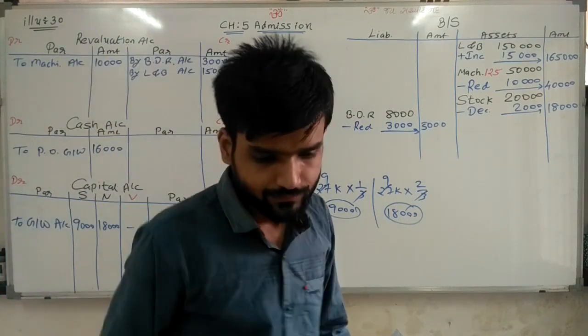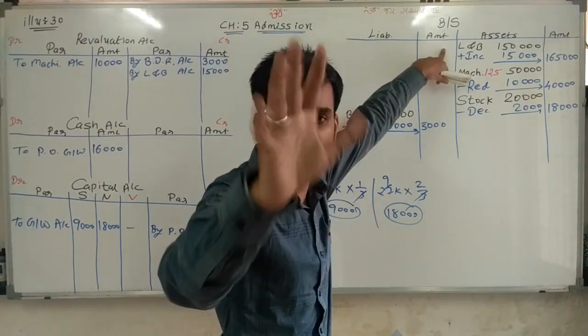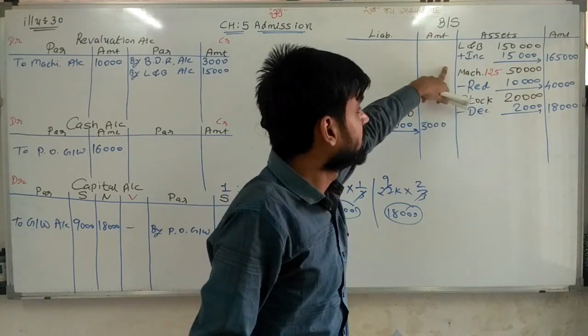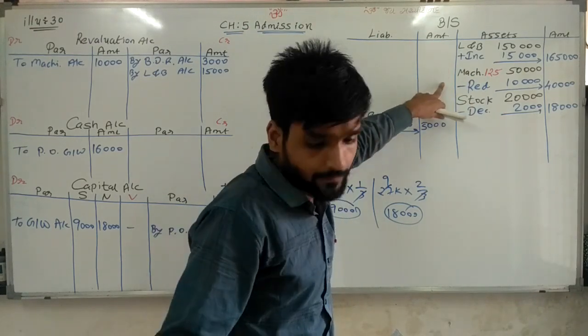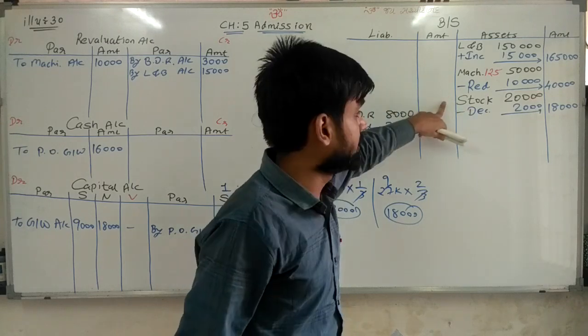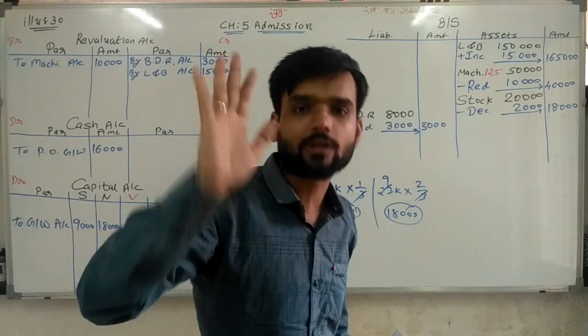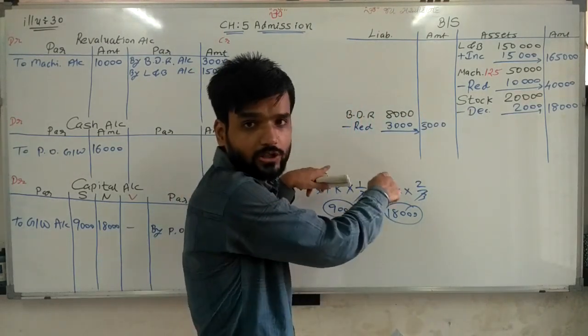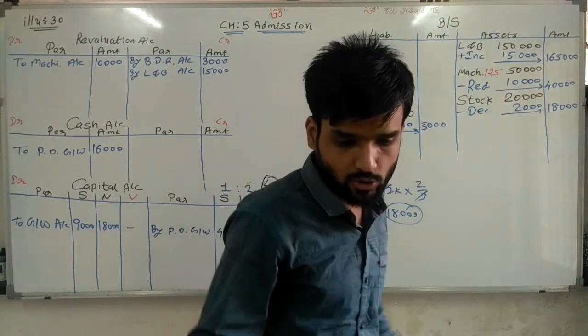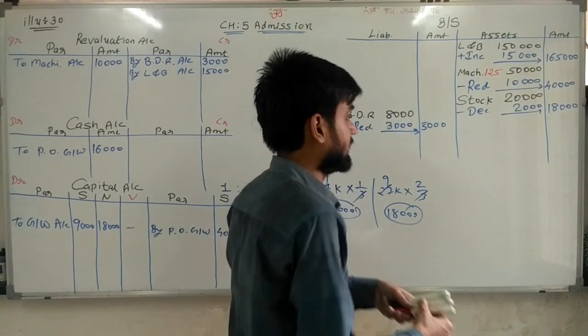Going ahead: land and building, written, done. Machinery, written, done. Stock, written, done. Debtors are not written off, and the bad debts reserve is written, but debtors stay as they are, 30,000, which we write here.